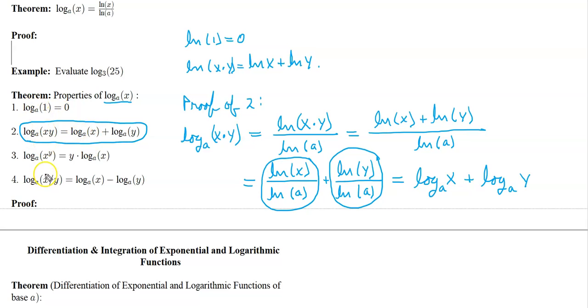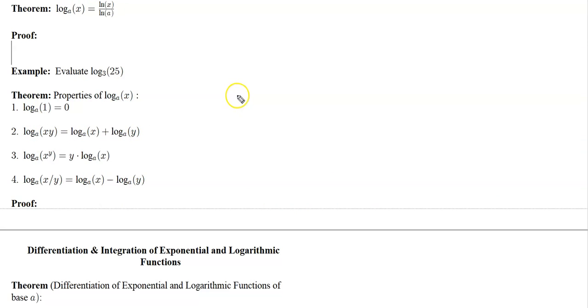And all of the other ones are proven in exactly the same way by going back to our definition here for log base a of x and using all the properties for the natural logarithm of x. And so that concludes our discussion about the relationship between the natural exponential function and other exponential functions and the natural logarithm function and logarithms to other bases.